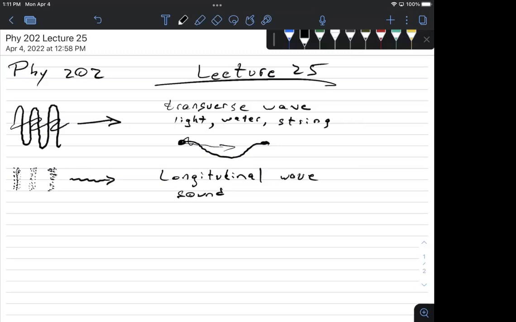In water waves, obviously it's the water molecules that are waving, so the water wave propagates through water. And with a string, the wave is moving through the string, so it's the molecules of the string that are waving.